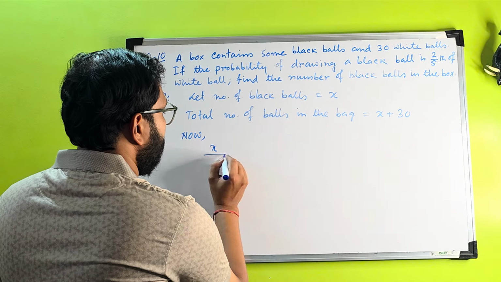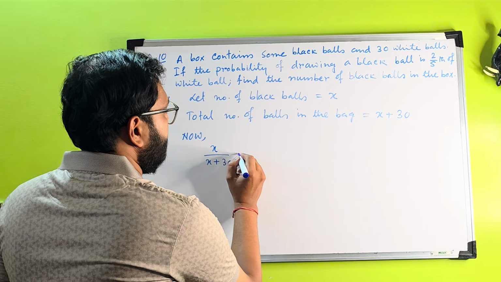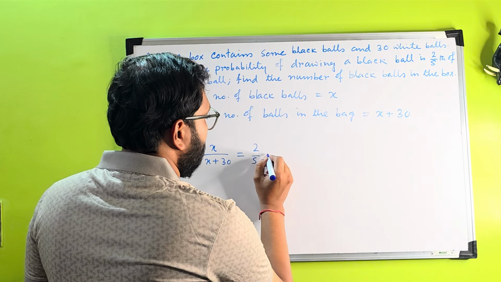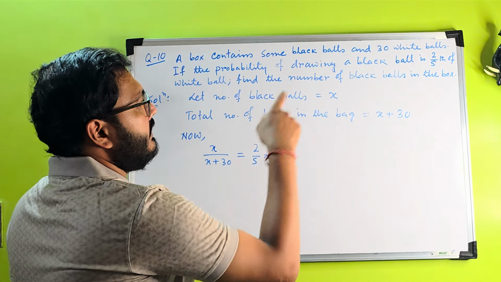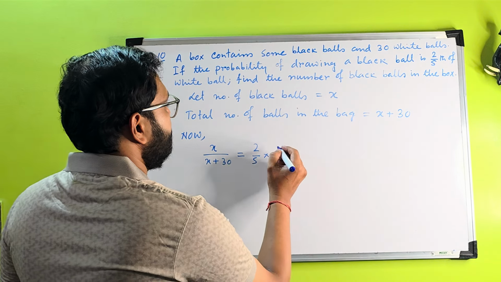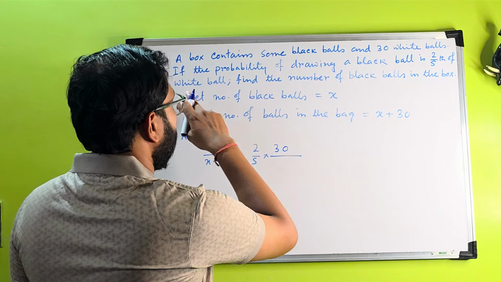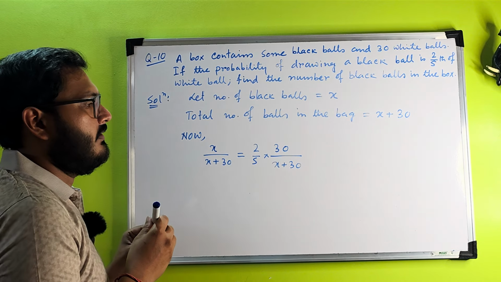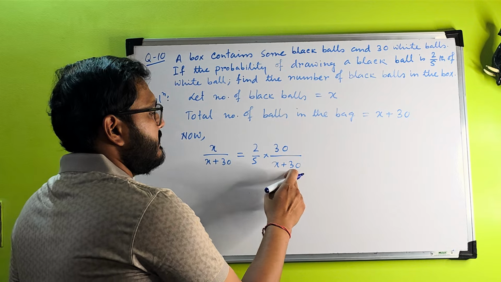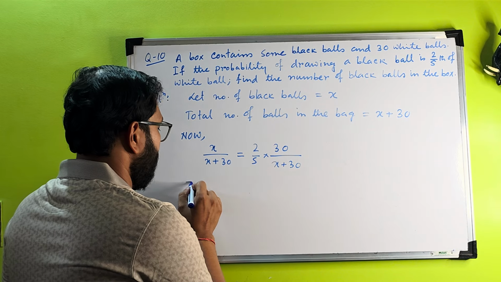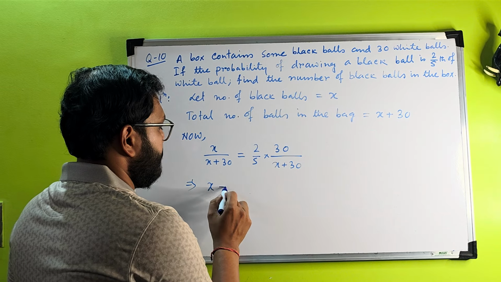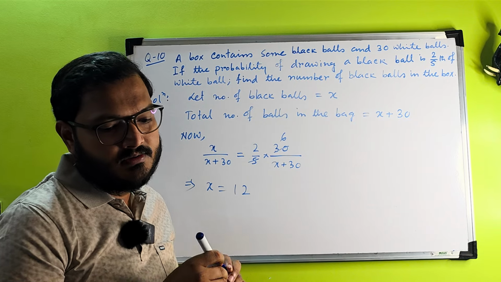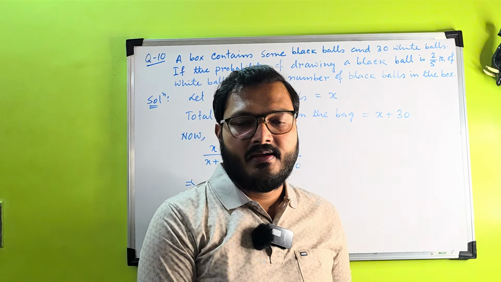So X by X plus 30 equals 2/5 of the probability of white balls, with 30 white balls, so 30 by X plus 30. The X plus 30 cancels, so X equals 12. So it's a very easy sum.